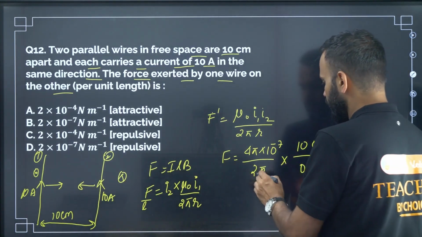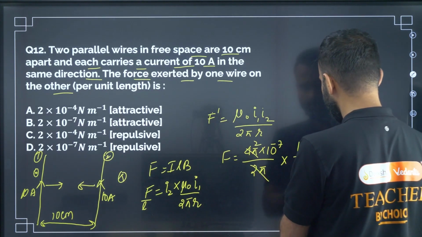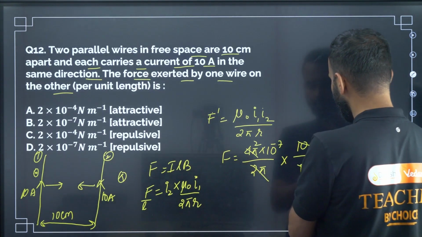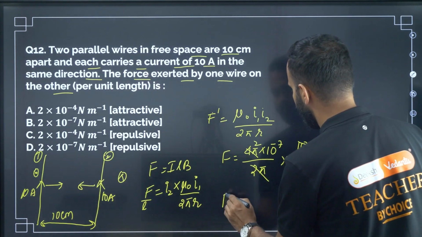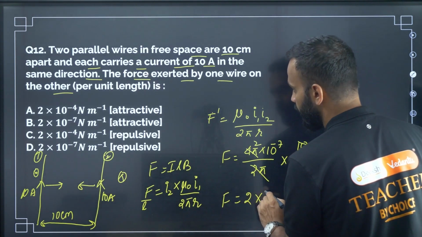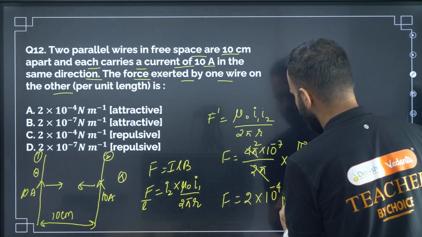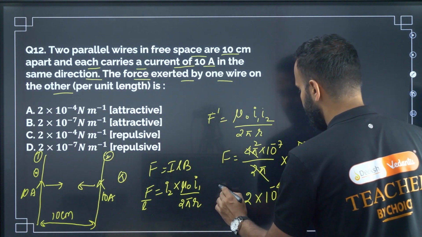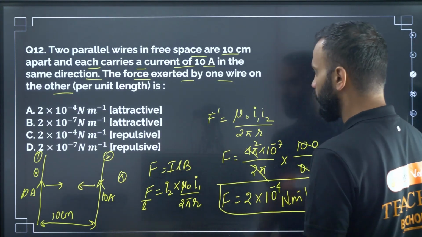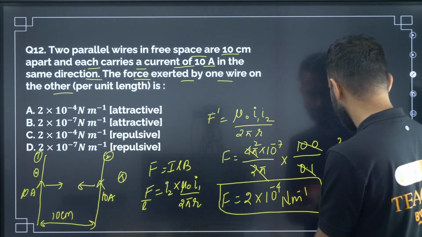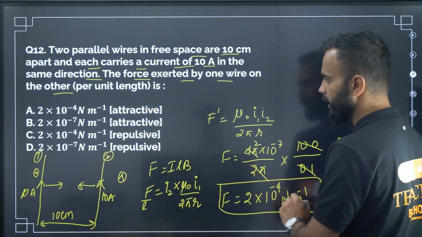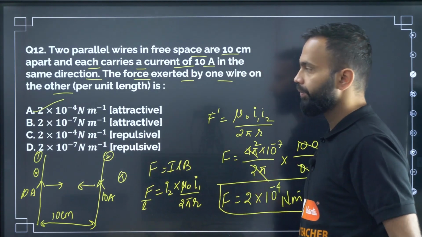Now this is 2, right? And this will be 10 to the power 3. Now F equal to 2 into 10 to the power minus 4 Newton per meter. So what is the nature of the force? The nature of the force is attractive. So the correct option is A.